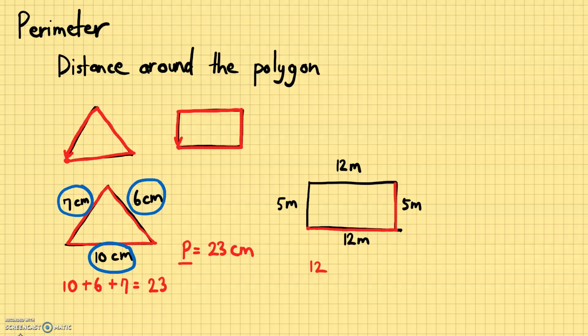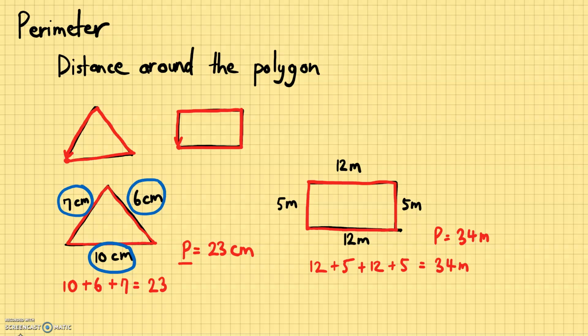And then we go up, that's going to be 5. And then we go this way, that's going to be 12. And then we go down. Okay, we went all the way around. So we just add up all these numbers, 12 plus 5 plus 12 plus 5, which is going to be 34 meters.